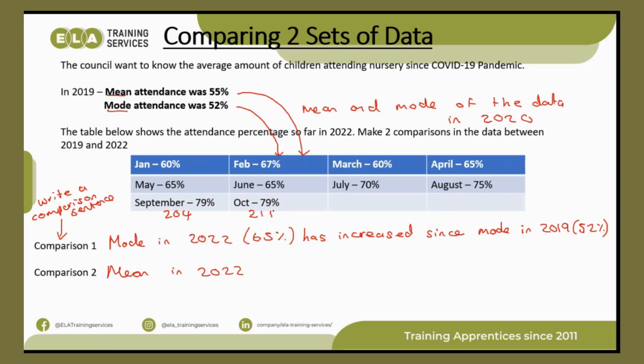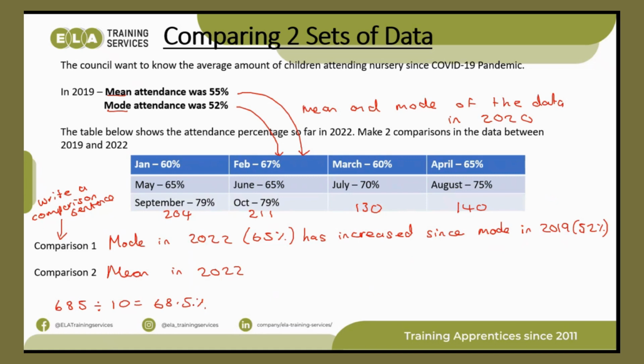60, add 70 is 130. And 65, add 75 is 140. I'm now going to add each of those. So 204, add 211, add 130, add 140 is 685. Divided by there's 10 sets of data, which then gives me 68.5% is my mean.